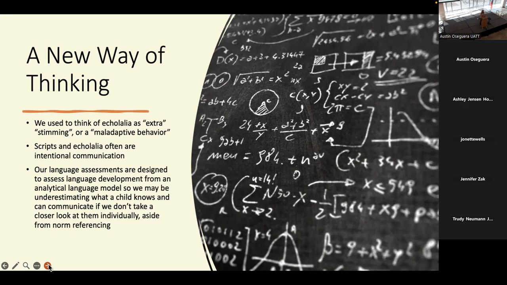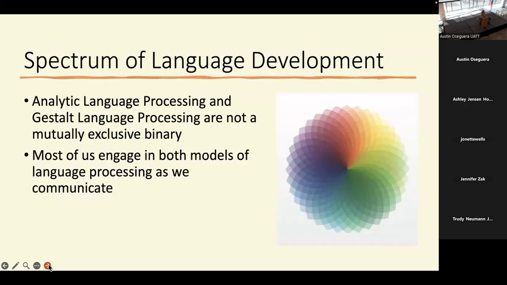And the way that I would encourage you to think about it is to be a communication detective. One more way I want you to think about this is that a lot of times we think of ourselves as communicators as one or the other. We're either an analytic language processor or a Gestalt language processor, a non-overlapping, mutually exclusive binary.